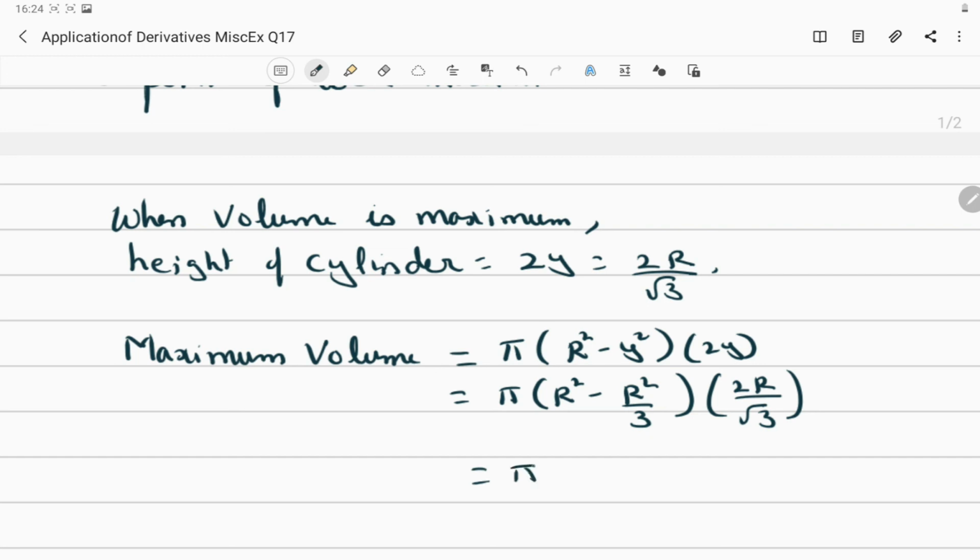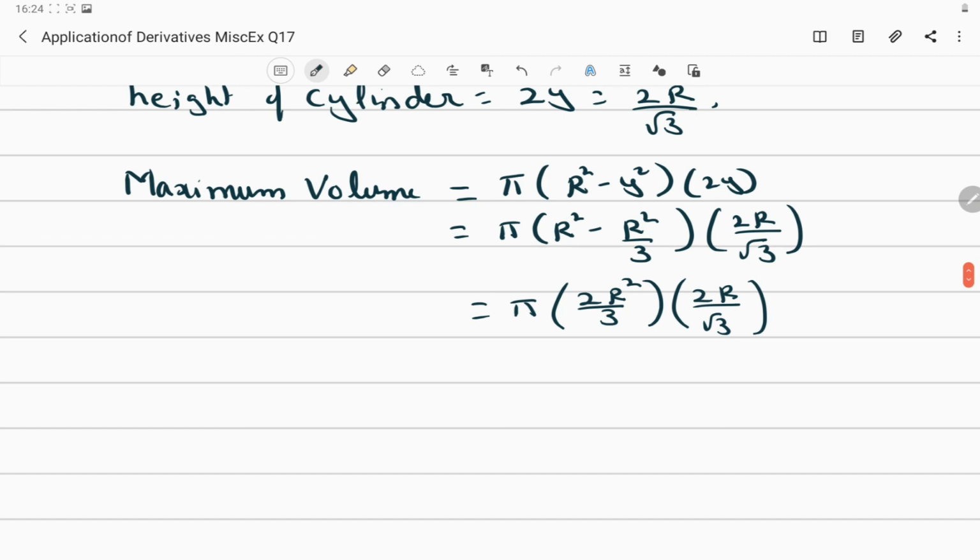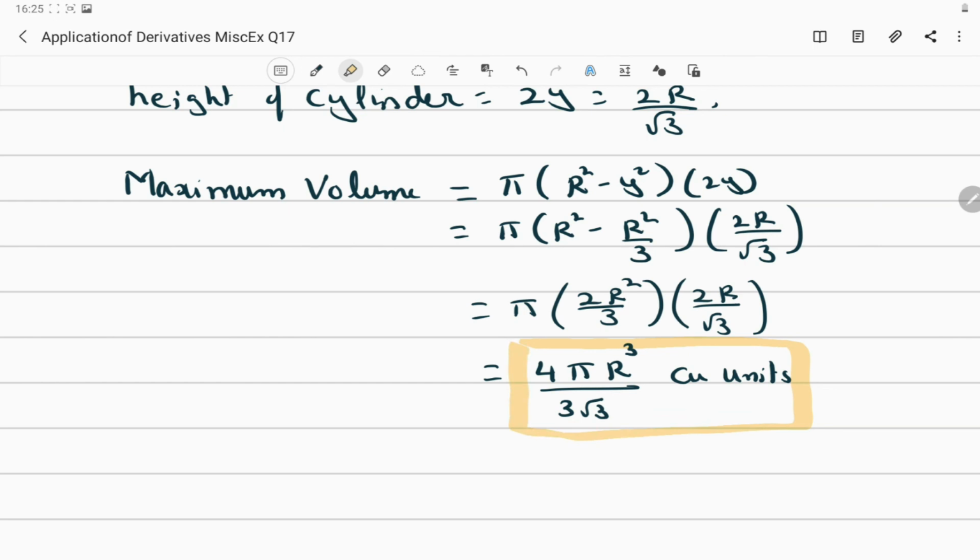So, we get this as pi times 2R square by 3 into 2R by root 3. So, this becomes 4 pi capital R cube divided by 3 root 3 cubic units. So, we got the maximum volume.